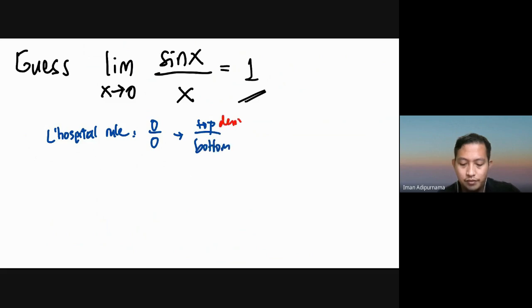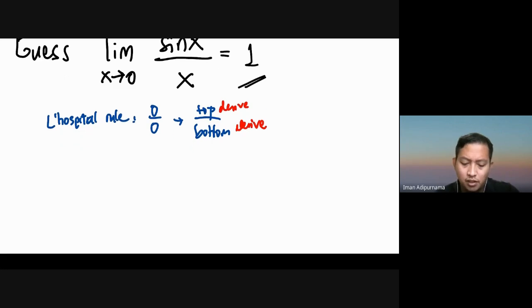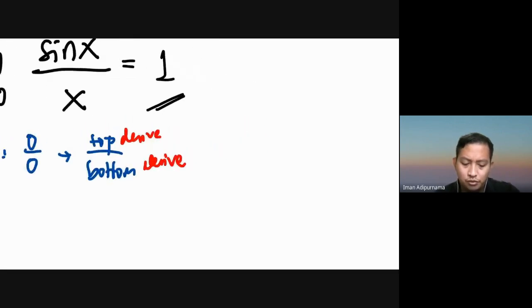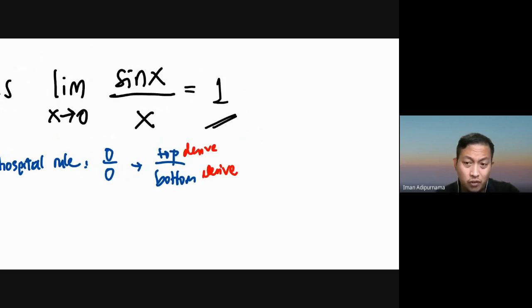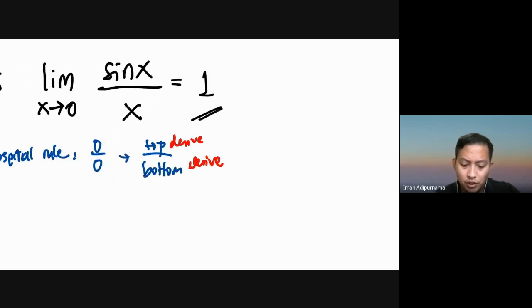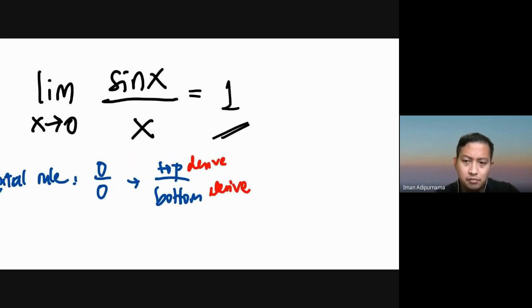I will not explain in detail. I will tell you this a little bit later, but I will just show you a little bit of what I mean in this explanation. What you need to do in L'Hopital rule is, if you see any 0 over 0 situation, you need to derive the function on the top and derive the function on the bottom.